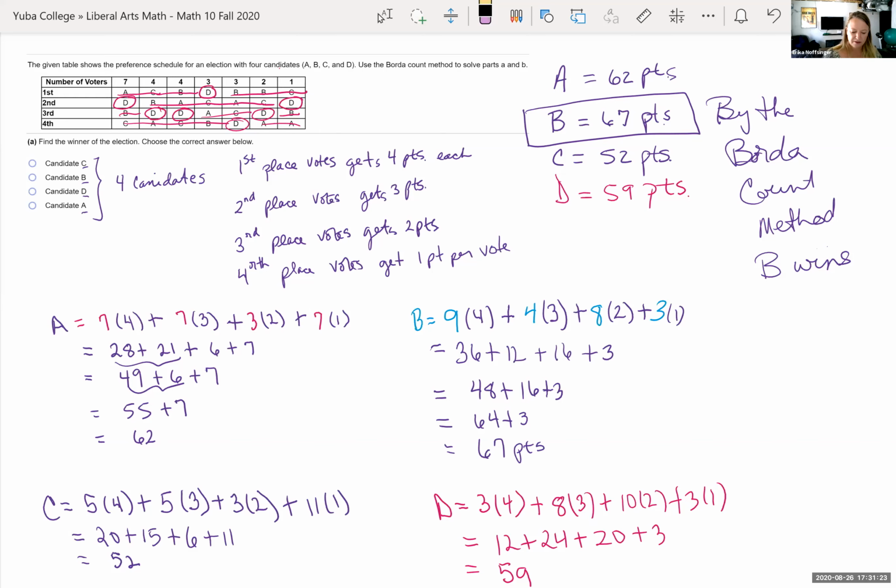Would B have been the winner if we were just looking at plurality? What was plurality? Anyone remember what it meant to count or calculate votes by plurality?